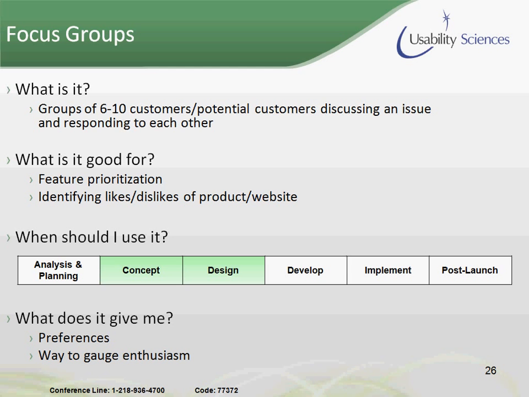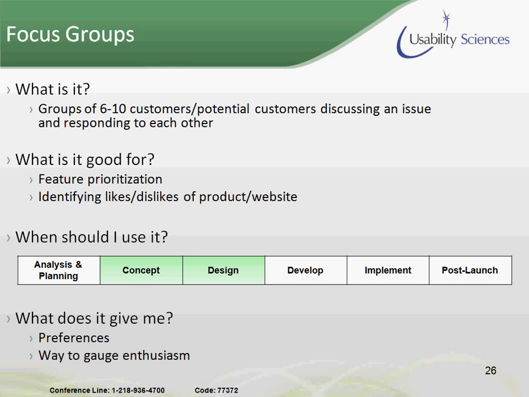You're not watching them do something. You're sitting there and they're giving you their thoughts about something, their opinion. So just something to watch out for. The way that they might interact with the actual product or service could be different than what they're telling you in the focus group. And this is a wonderful way to gauge enthusiasm.